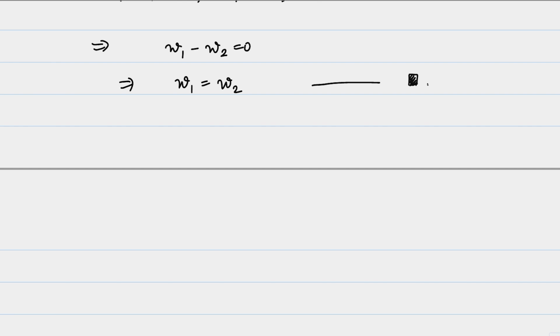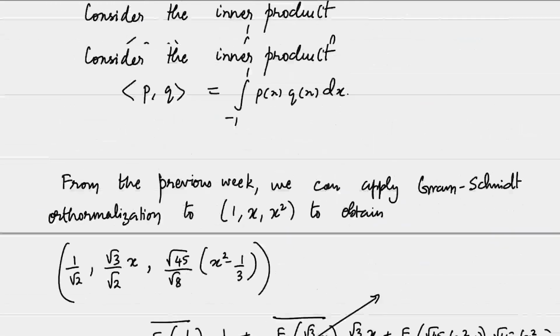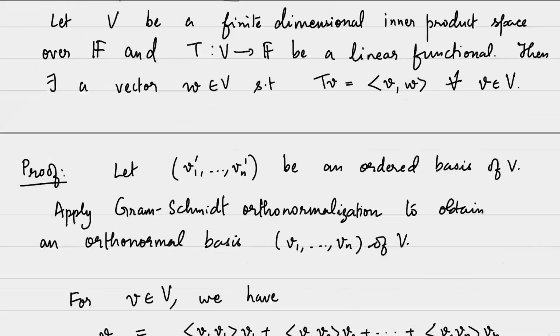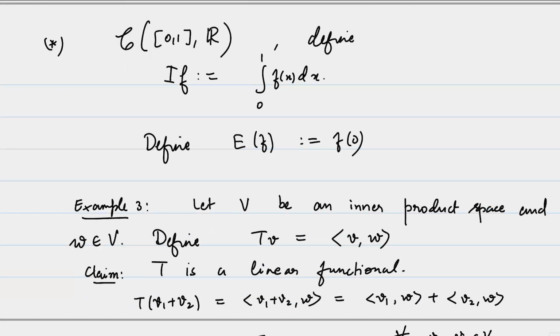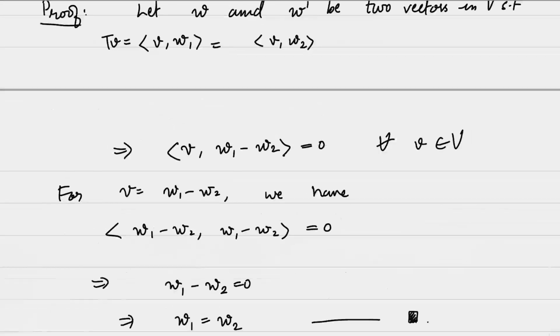For example, one of the examples considered above, so let me show it to you, is the evaluation functional on C[0,1], which cannot be obtained as an inner product with a vector G, say in C[0,1]. Okay, so this is a problem which I would like to work out. So in the material of this week, the problems will be taken care of in this manner. In the middle of the lectures itself, we will try to address some of them.